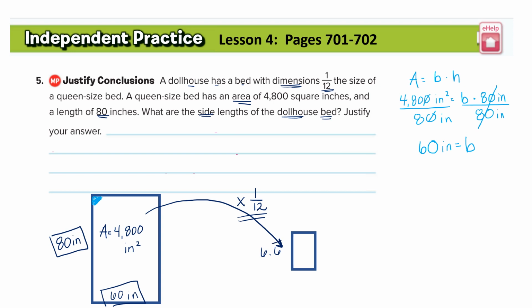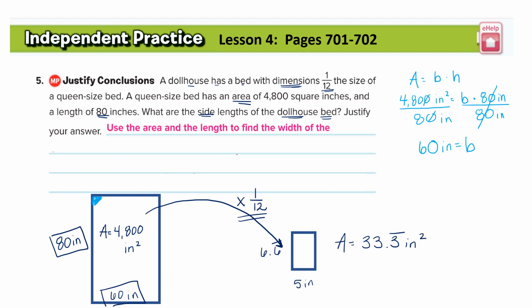And then 60 divided by 12 is 5 inches. Okay, now we're going to multiply 6.6 repeating times 5, and you get 33.3 repeating inches squared. Okay.